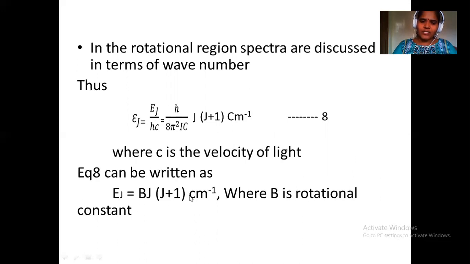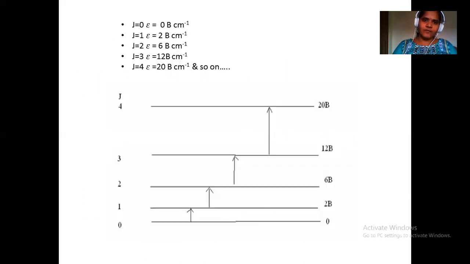J is the rotational quantum number, and it can vary from 0 to any number. If J is equal to 0, substituting in BJ into J plus 1, you get 0 B centimeter inverse. If J is 1, you get 2B. If J is 2, you get 6B. If J is 3, 12B.